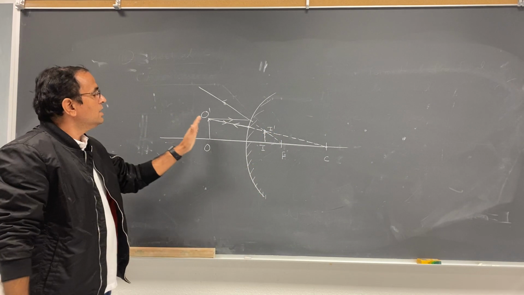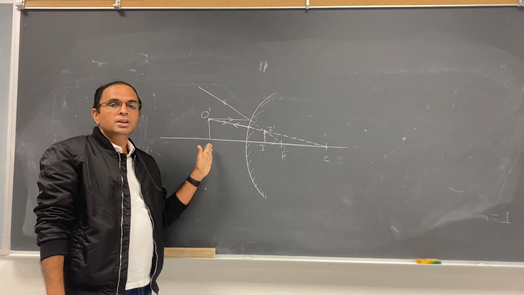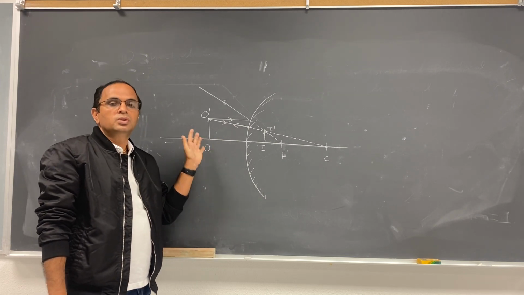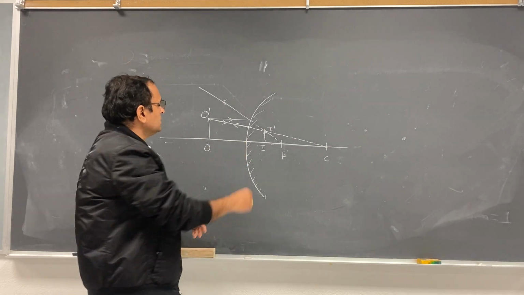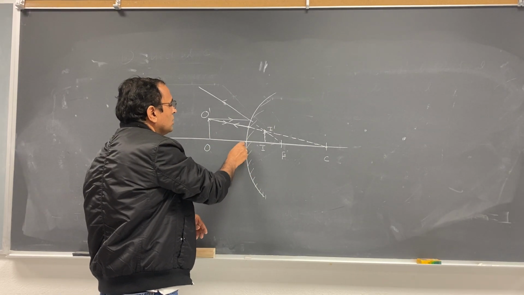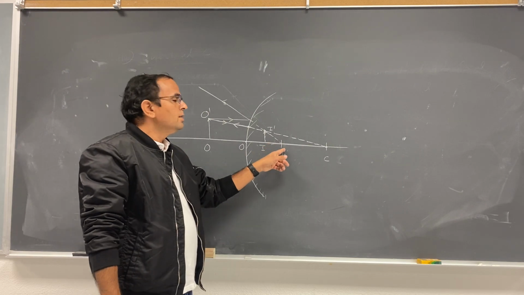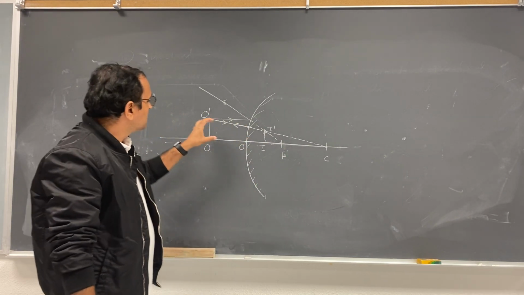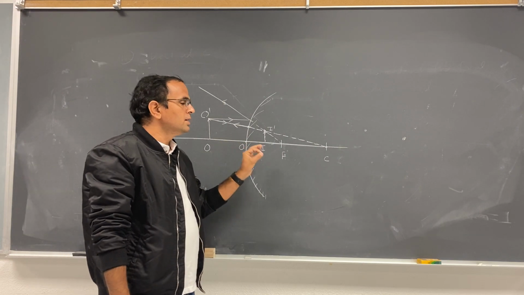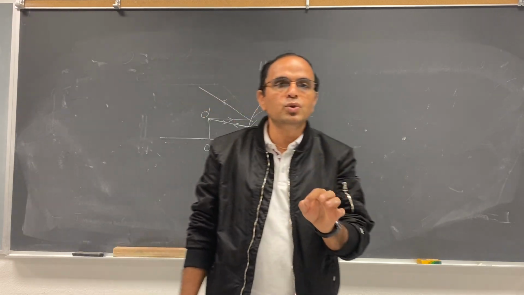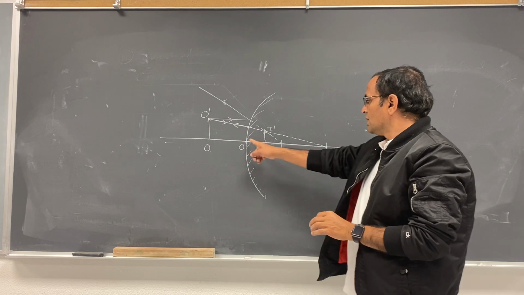So if you keep the object in front of the convex mirror, close to the mirror, not at infinity, the image is formed between the pole and the focal point. Look at this: the object is big, the image is small. Number one, the image is formed between the focal point and the pole of the mirror.